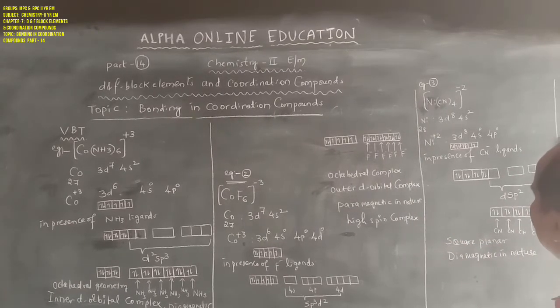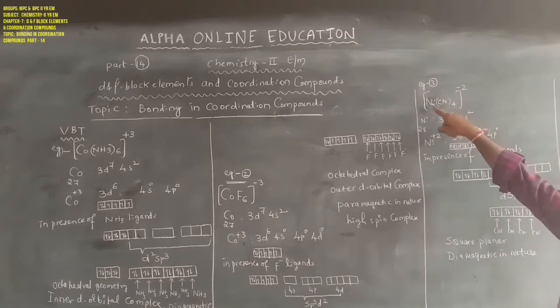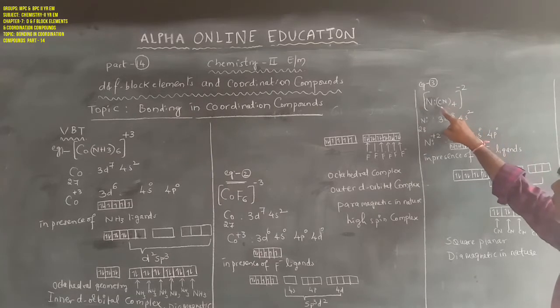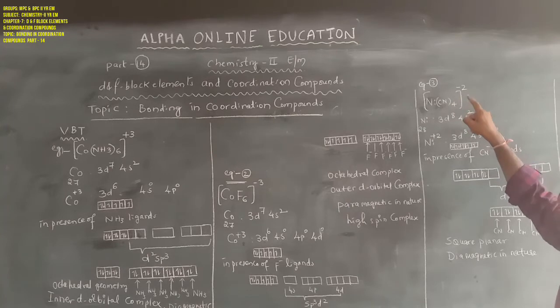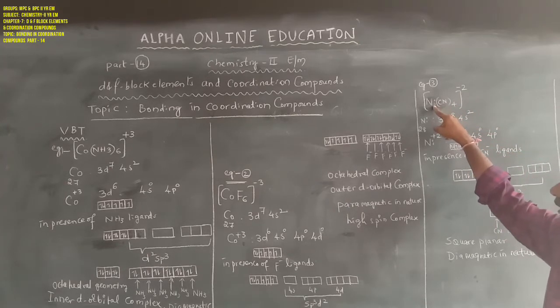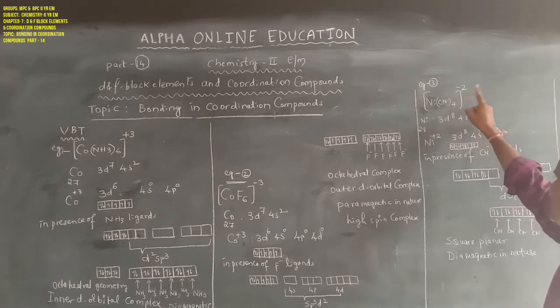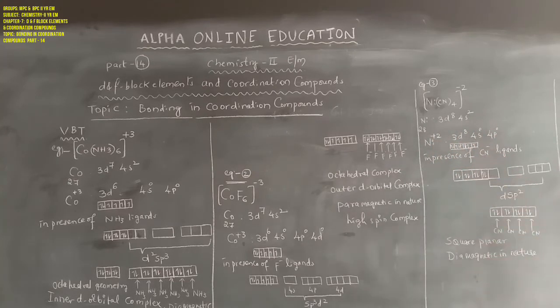Next, another example is the tetracyanonickelate(II) ion. It is nickelate because the coordination sphere carries a negative charge, so the suffix -ate is added to the central metal name. Nickel's atomic number is 28, with configuration 3d8 4s2.